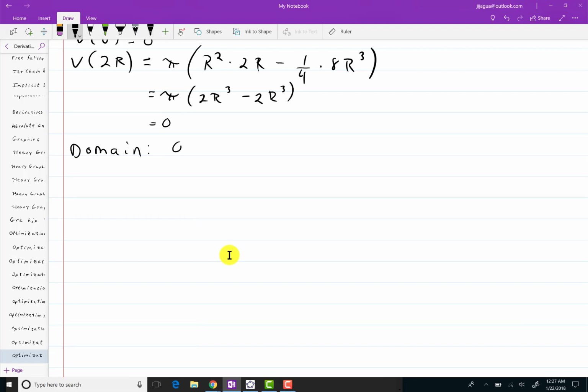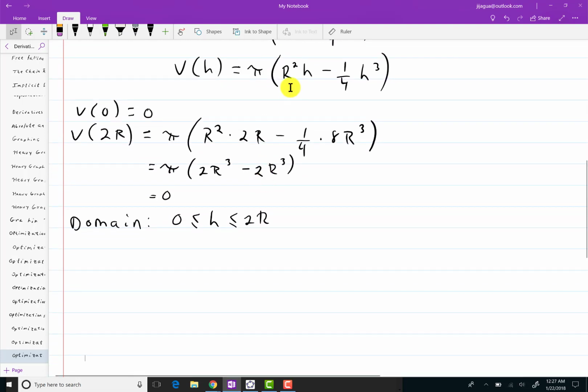The domain: we have 0 is less than or equal to h, which is less than or equal to 2 capital R. We've already checked the endpoints. Both 0 and 2R produce 0. So whatever critical number I get in between is going to be the solution. So let's go back to the volume formula.